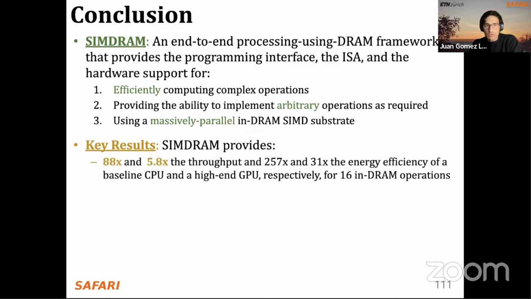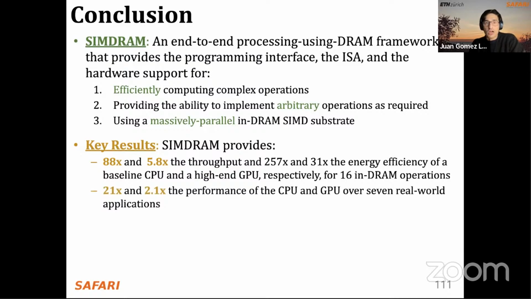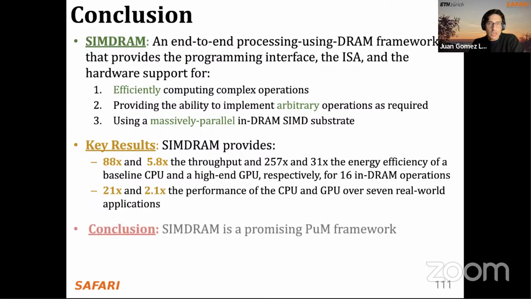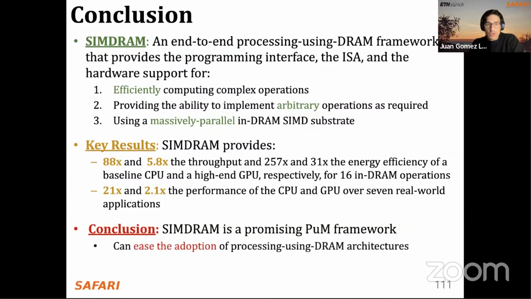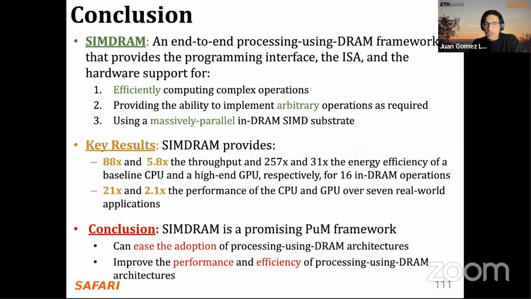We have shown very nice and promising results with respect to CPU, GPU, and also Ambit, the state-of-the-art processing-using-DRAM mechanism that we have considered. As I said, it's a promising framework to ease the adoption of processing-using-DRAM architectures and improve their performance and efficiency significantly.